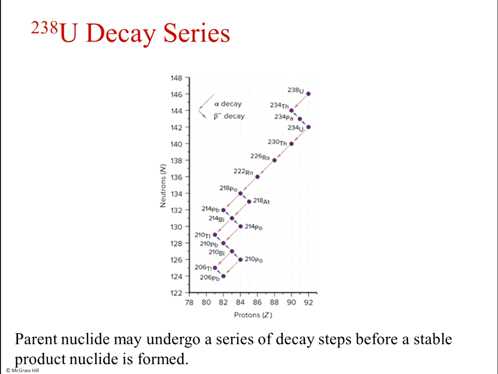So you can see we start off with an alpha emission, followed by a couple of beta emissions, followed by a series of alpha emissions, and then a series of competitive alpha and beta emissions. Thus, a parent nuclide may undergo a series of decay steps before a stable product nuclide is formed. This is commonly observed for our heaviest nuclides.